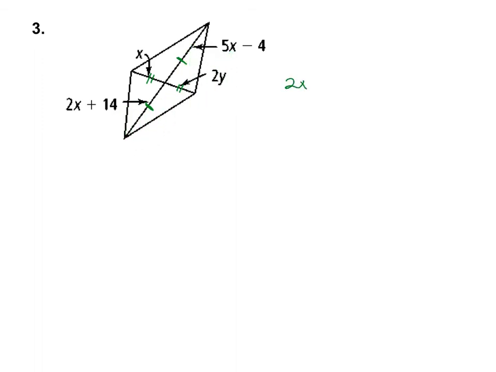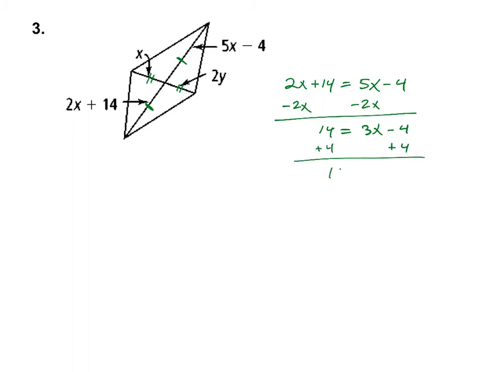So 2x plus 14 equals 5x minus 4. Minus 2x, so 14 equals 3x minus 4. I'm going to add 4 on both sides, so 18 equals 3x, and divide by 3. So x has to equal 6.